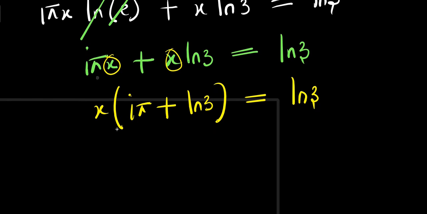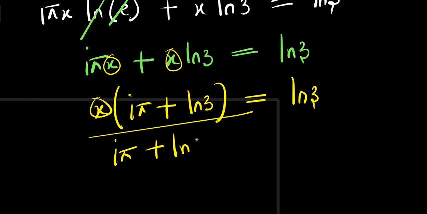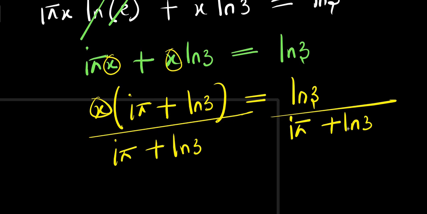So what we are going to do will be to isolate x. We divide this by i pi plus natural log of 3. This eliminates this.